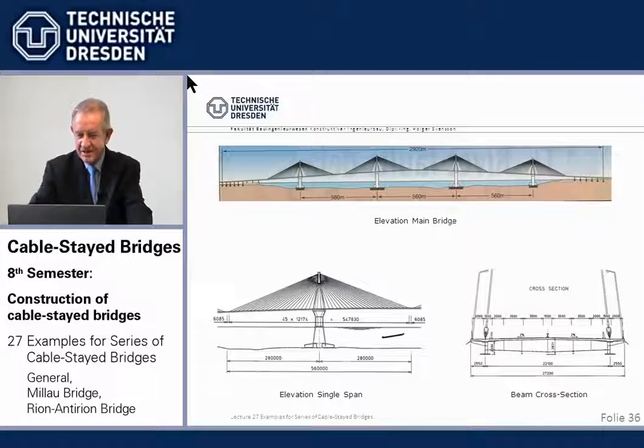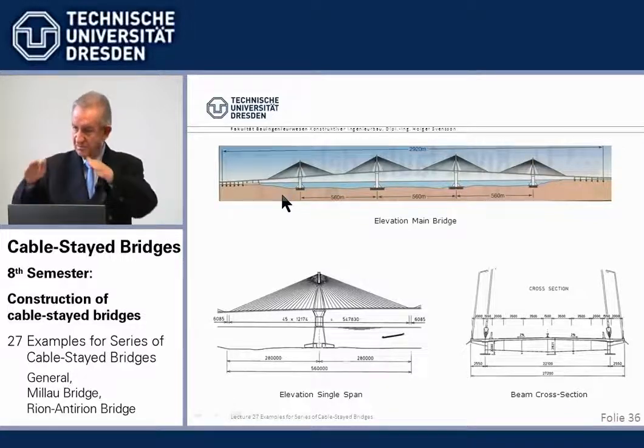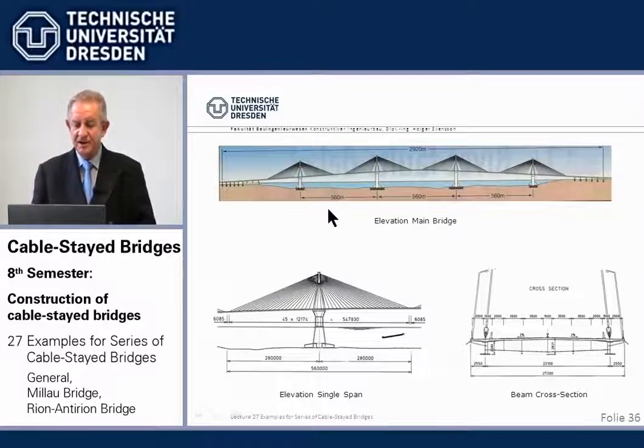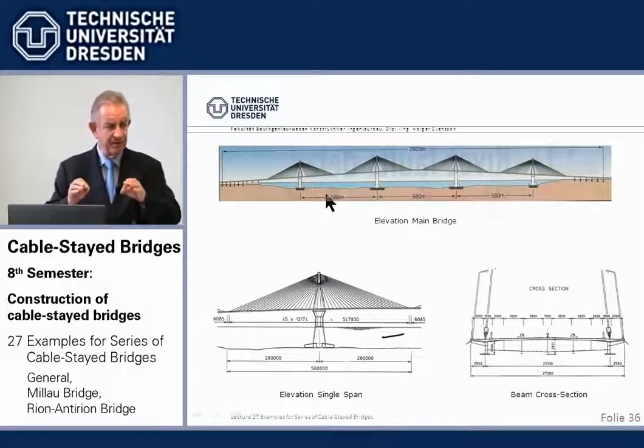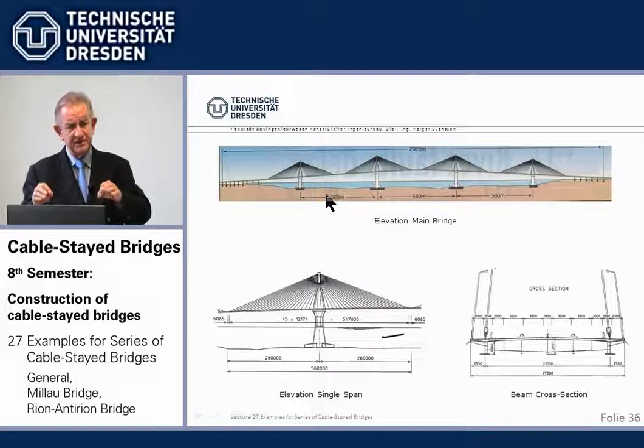We have here the main items. We have here 3 main spans, or you can say 4 towers, with, in this case, 560 meters. The span is longer. You can very easily deduce that, because the foundations here, piers and foundations, are even more expensive than for the Mio.